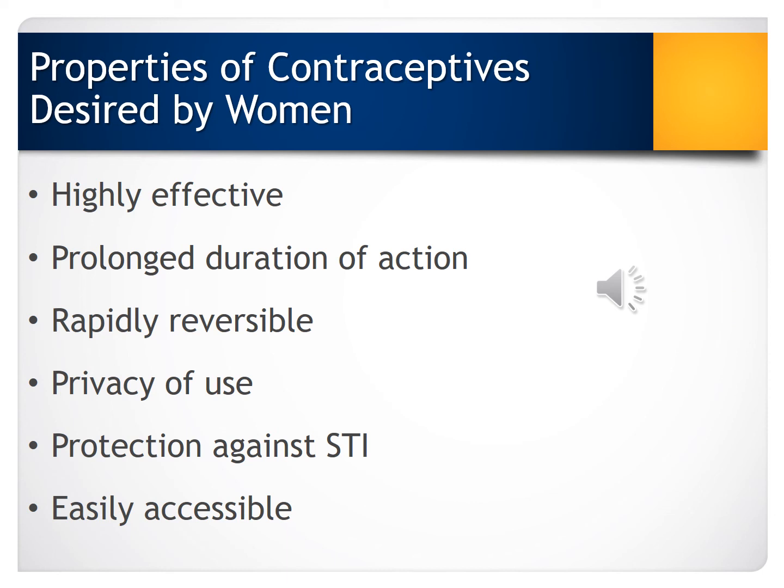Some women want privacy of use, a contraceptive that is protective against sexually transmitted infections, and easily accessible, meaning coverage through insurance, availability at pharmacy, etc. So it's our role as nurses to inform clients of the various methods and potential side effects of these contraceptive methods.